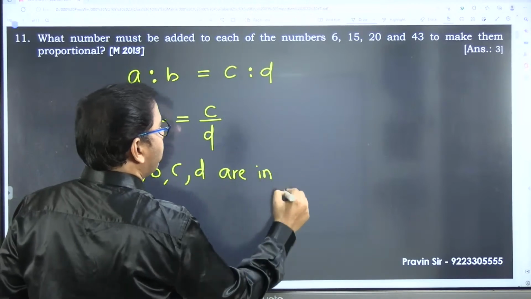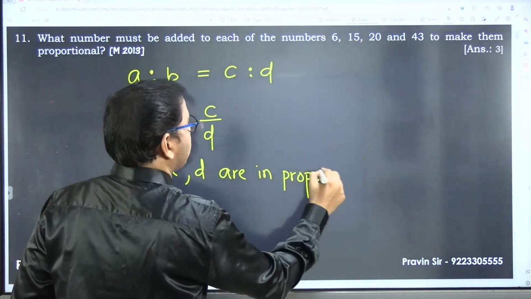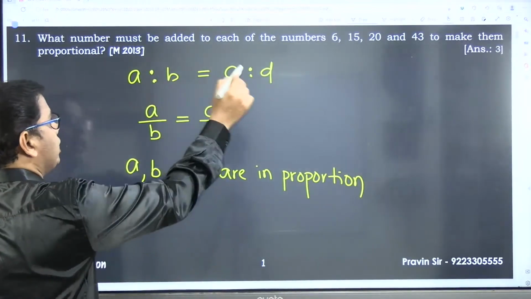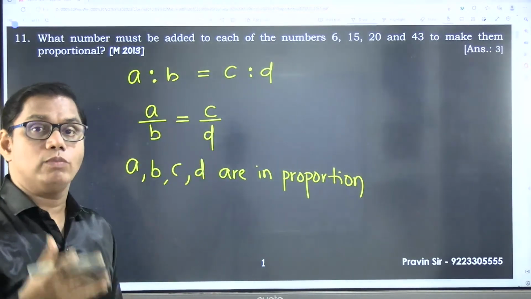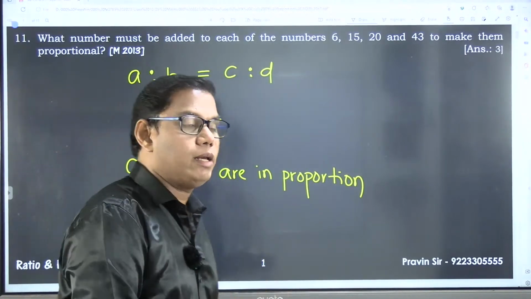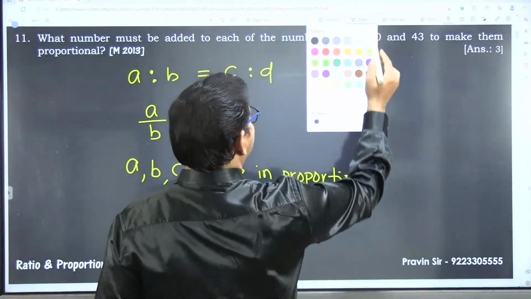Proportion means equal ratio. When ratios are equal, the terms which are there inside this ratio, we say those terms are in proportion. I hope you have understood this.